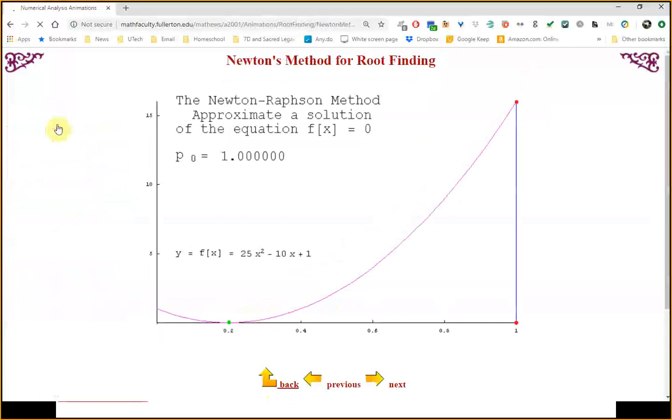This is a root. You're going to be surprised. You'll never get to the answer. It's going to take forever. Well, kind of getting there. We got there. Next one. The answer is 0.2, and it's kind of approaching it, but taking quite a little while to get there.